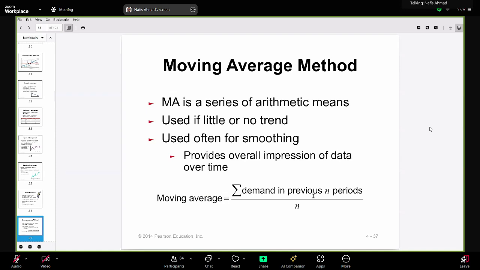The second method is moving average. In case of the naive approach, we use only one single data point, only the last period or immediate past period data.